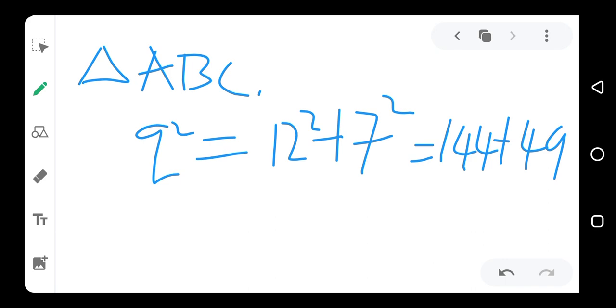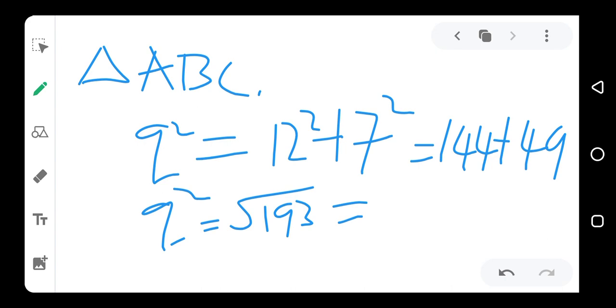That means that Q squared is equal to 193, so Q is the root of 193. Root 193, if we try to divide, we will not get it. So let me just find the root straight.